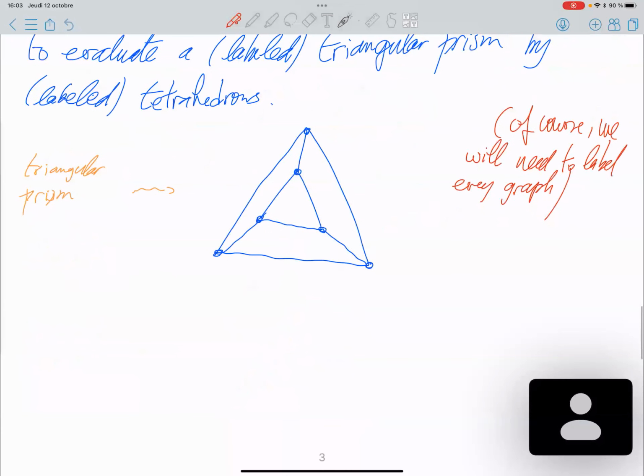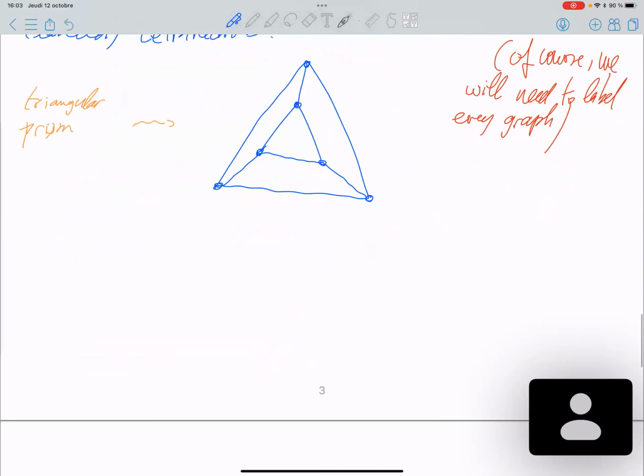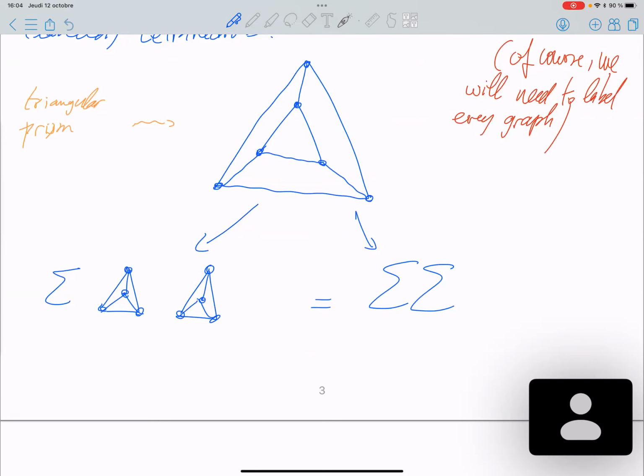Okay, and so the idea here is, you have two ways to evaluate. One way to evaluate will be like that, a sum of variables labeled like that on one way, and the other way will provide a sum like that.